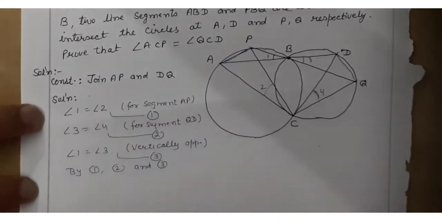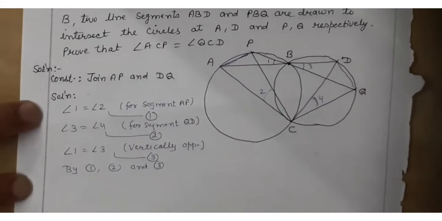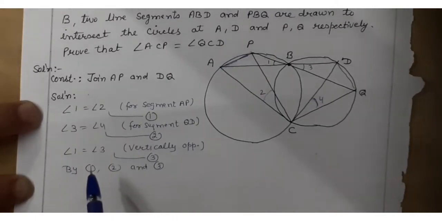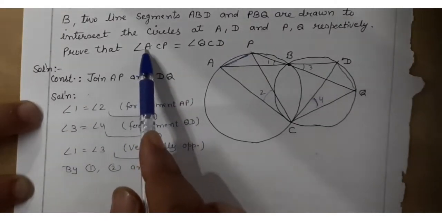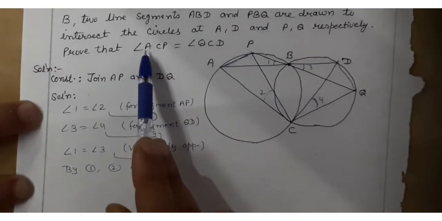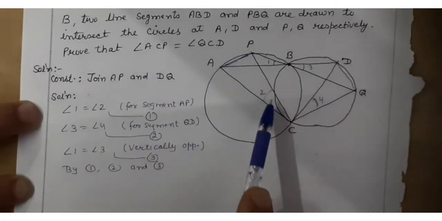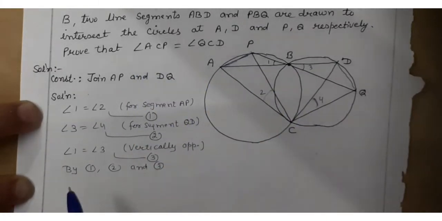You can say, I want actually angle ACP, angle 2 is equal to angle 4.